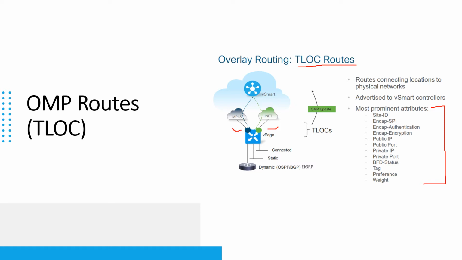Then it is also going to show you the status for BFD, which is bidirectional forwarding detection. It's a kind of probe which gives you the health check for the path. Then you will have the tag, preference, and weight. Preference and weight can be configured on a particular interface. So if you want to change this information, you need to go to that VPN interface and change these values.